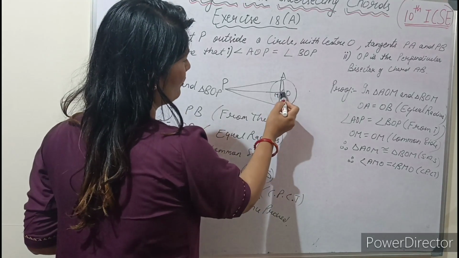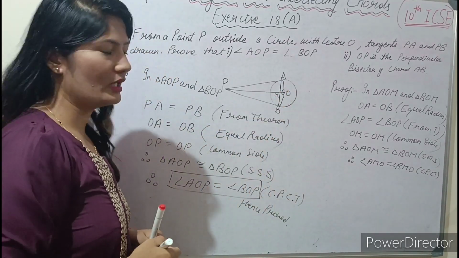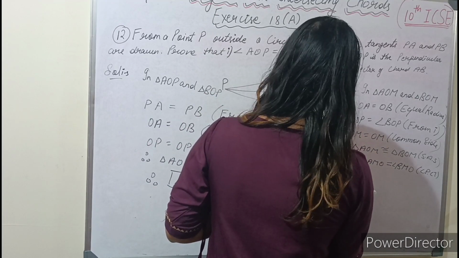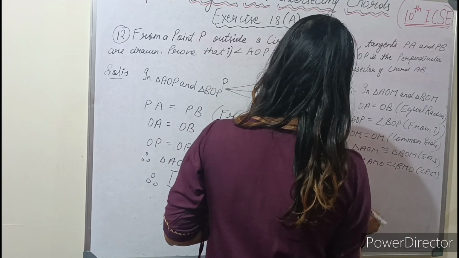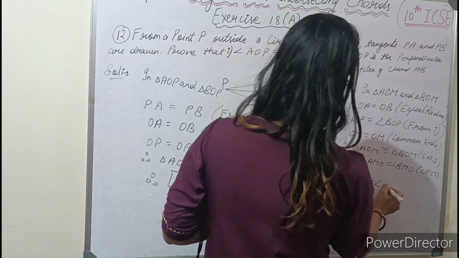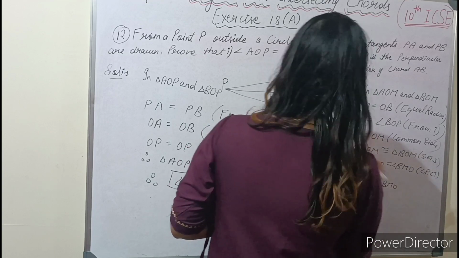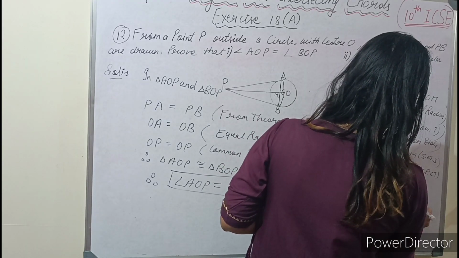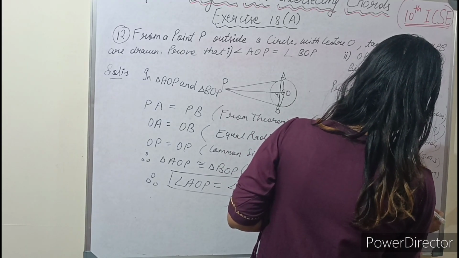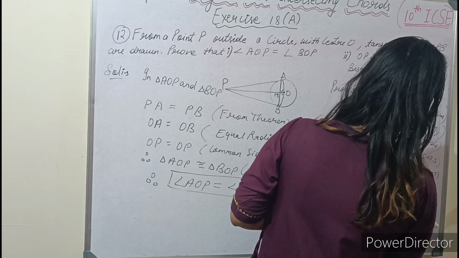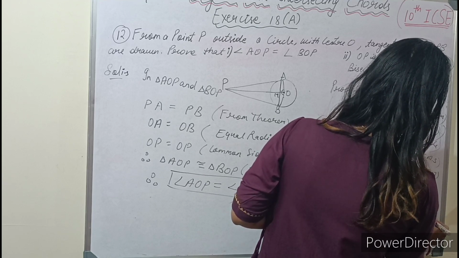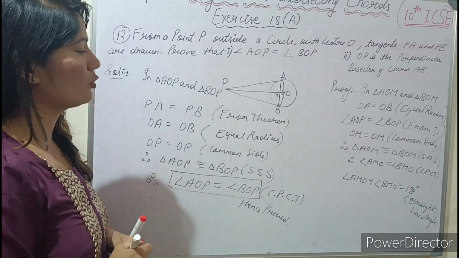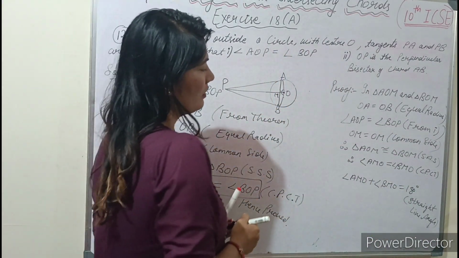The angle formed on a straight line is always 180. So I can write that angle AMO plus angle BMO, the sum of the angles, should be 180. Write here straight line angle, because the angle formed on a straight line is always 180.